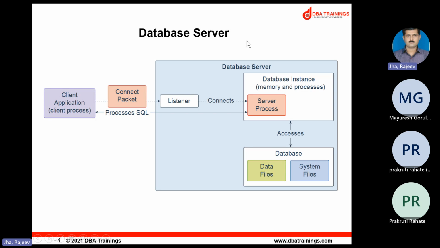As I said, it is the memory plus your data files, plus your processes, then you have a listener and so on. Any database server is a combination of all these things. It's not only these things; there are a couple of other things we are going to talk about.